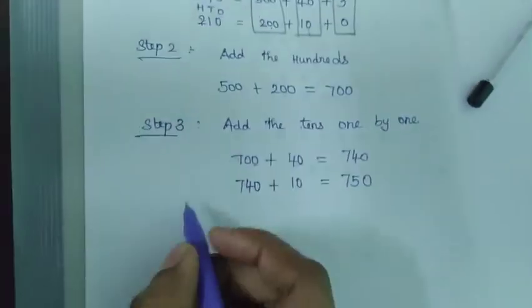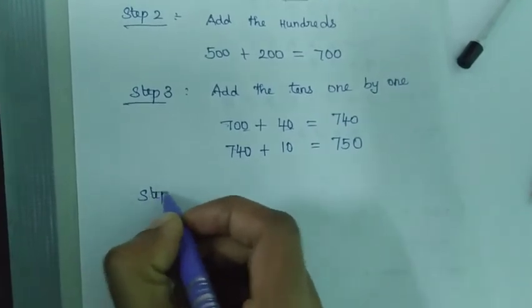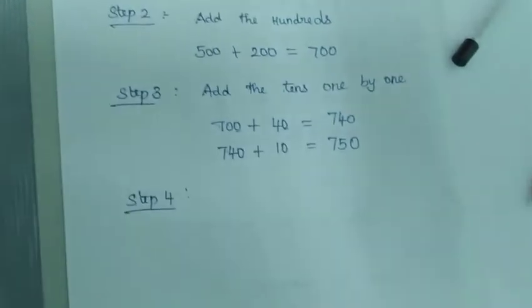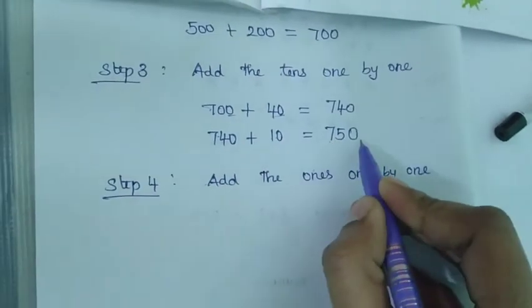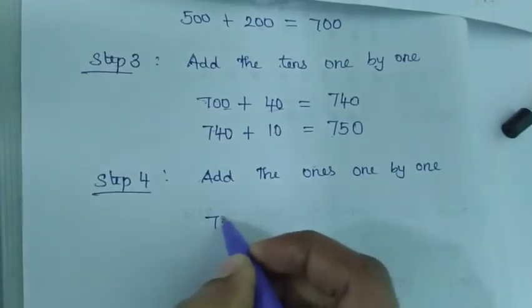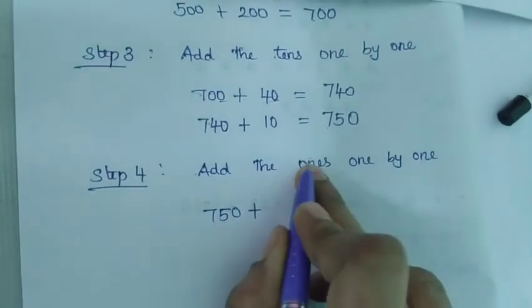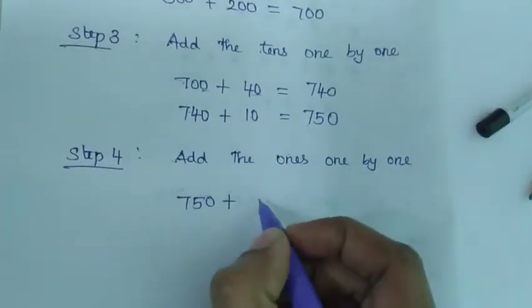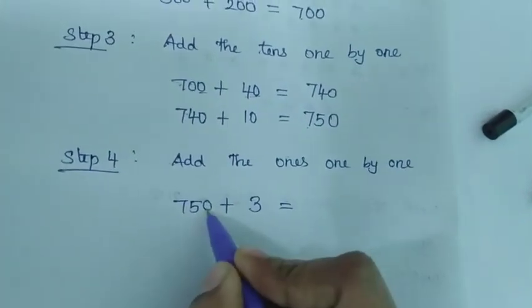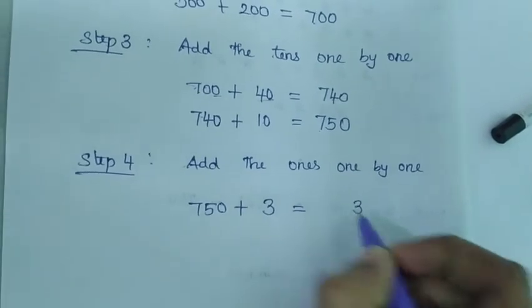Now the fourth step. Step 4 is add the ones one by one. Now what is the final answer? 750 plus, now we want to add the ones. What is the first ones? 3. So 750 plus 3: 0 plus 3, 3.